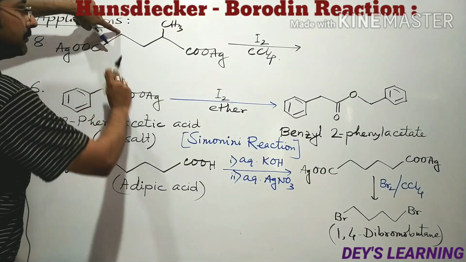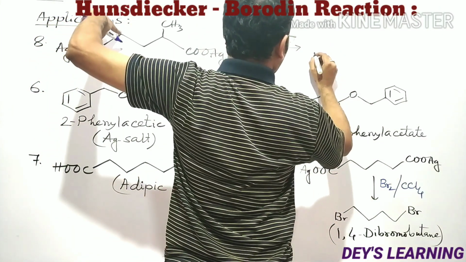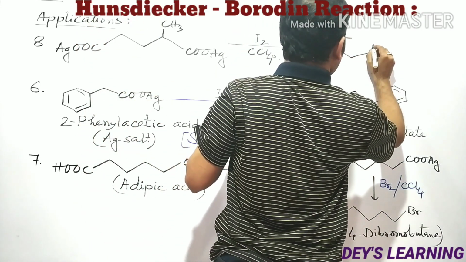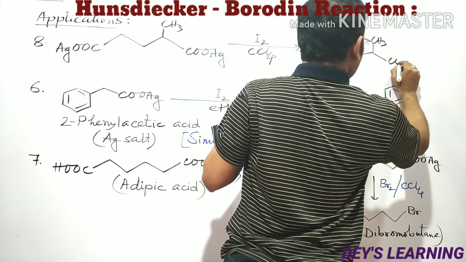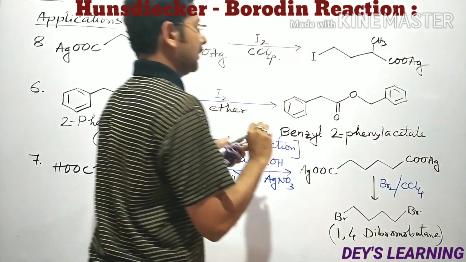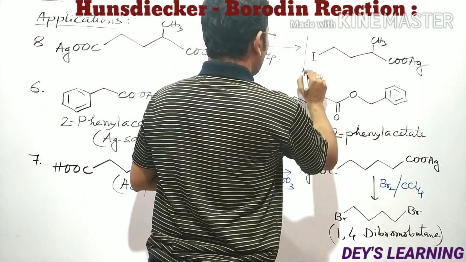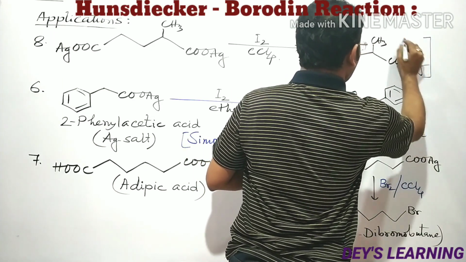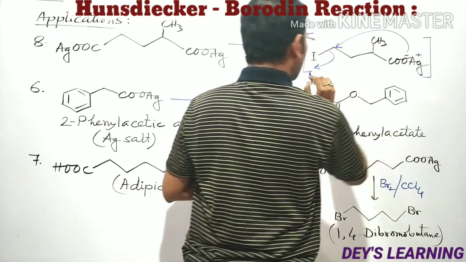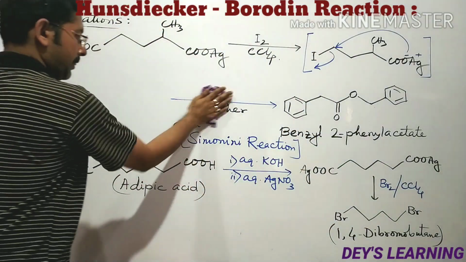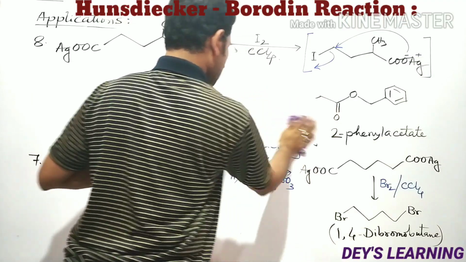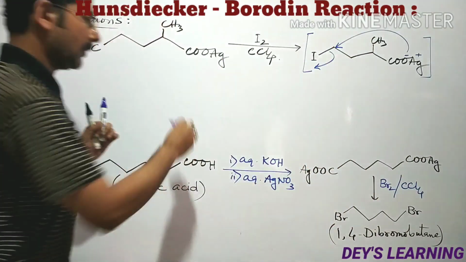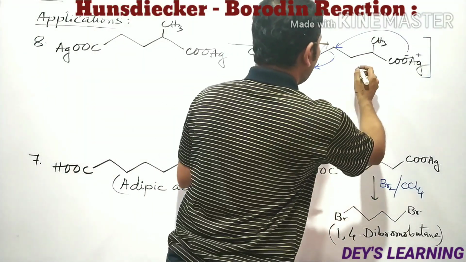Iodine will be here. This one will be your intermediate, and this minus attacks here, I minus will leave. As a result of that, you will get this product.